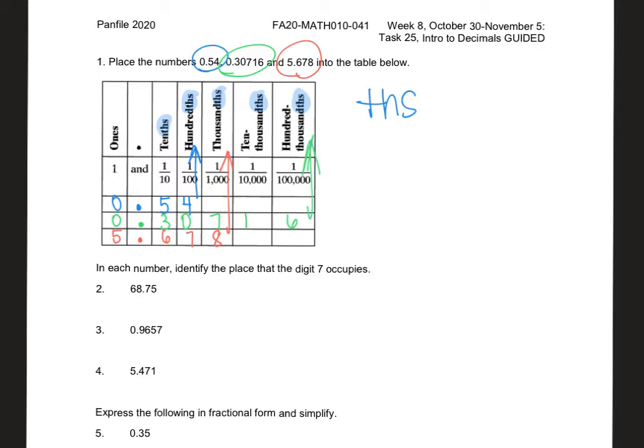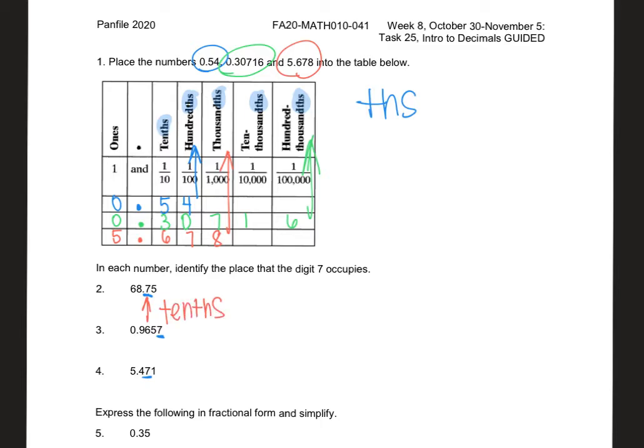All right, so going on to number 2, in each number, identify the place that the digit 7 occupies. So if we underline the 7 in each of these, this is the first spot, which is the tenths, THS at the end.